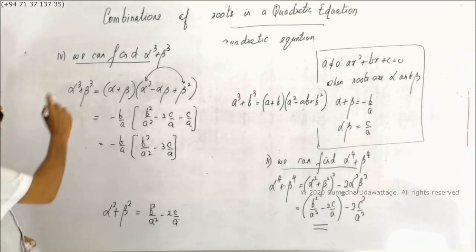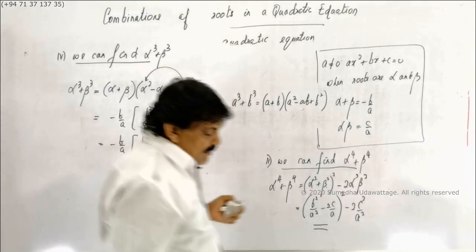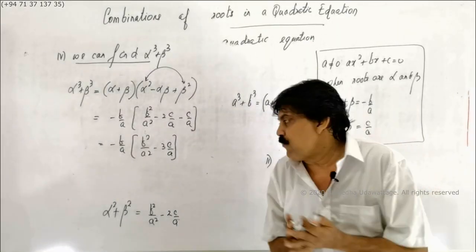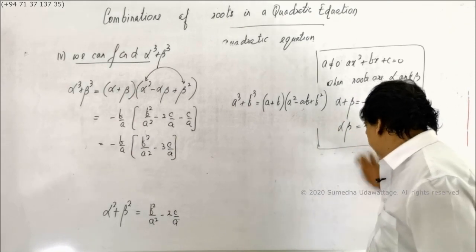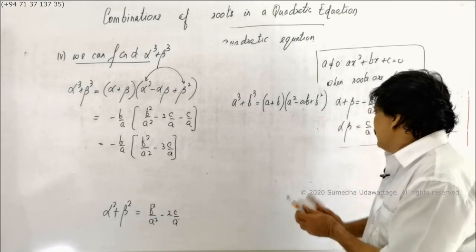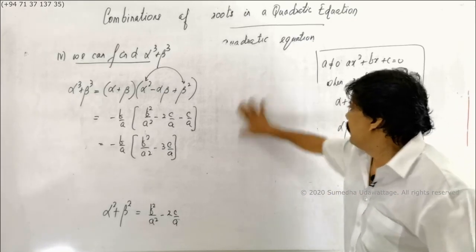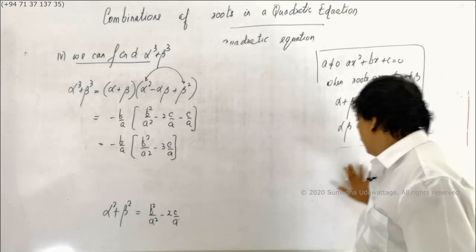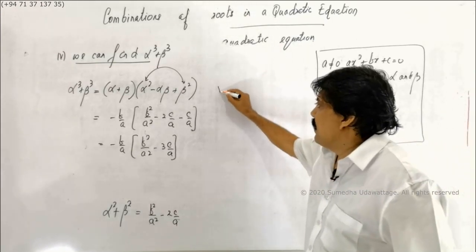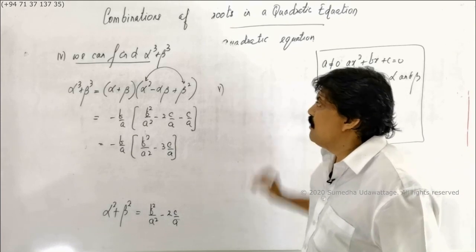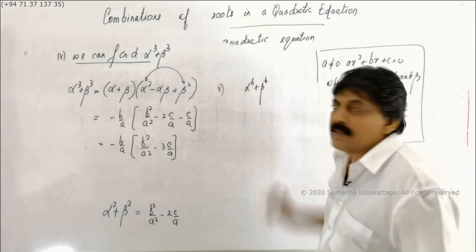Now when you find alpha 3 plus beta 3, the next value you can find is alpha 6 plus beta 6.